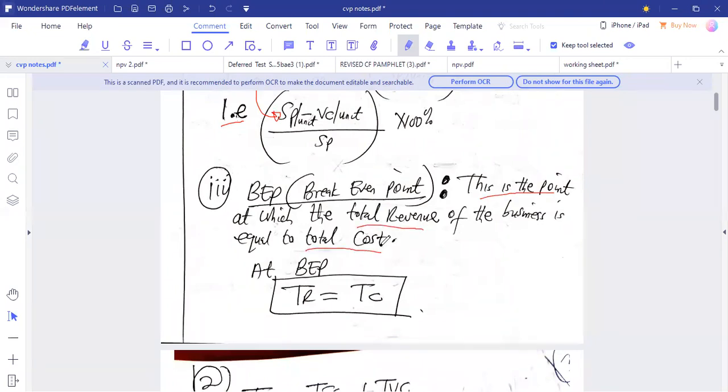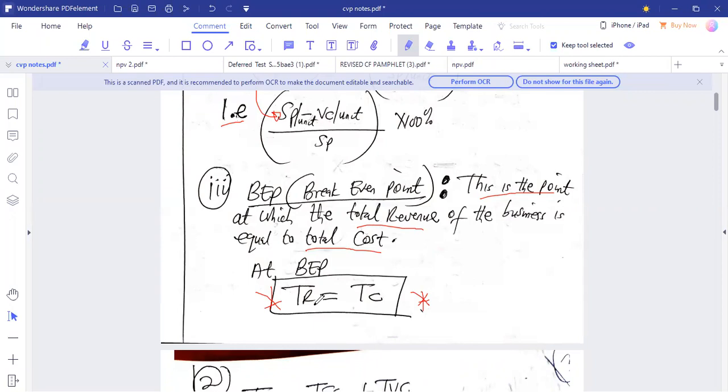So at break-even, total revenue is equal to total cost.